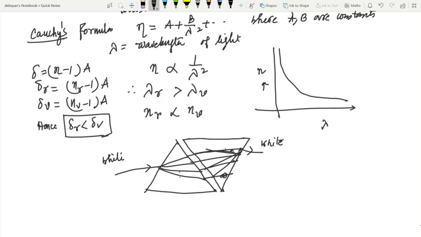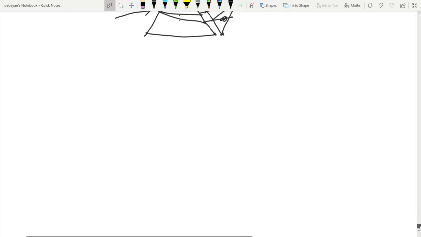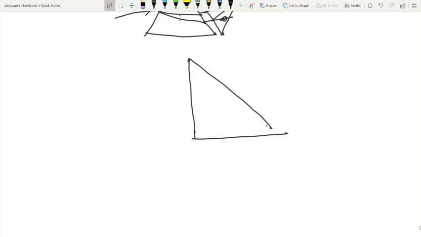Now a simple question that will come in different boards. A prism is given like this. You will tell me the answer. There is a blue light, a green light, and a red light incident on the prism, which is a right angled prism.